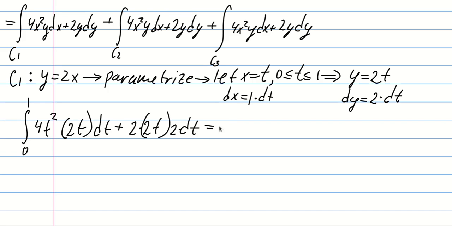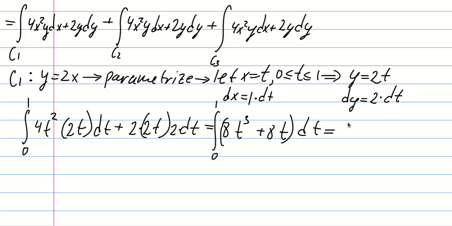So we get 4 times 2, which is 8t cubed, and here we'll have 8t plus 8t dt, evaluated from 0 to 1.